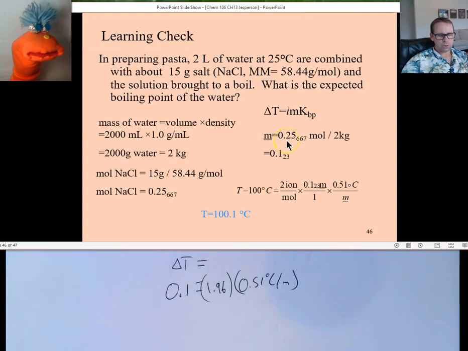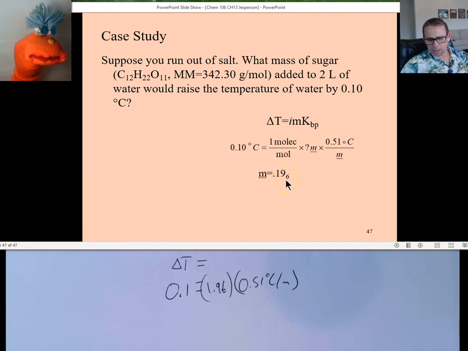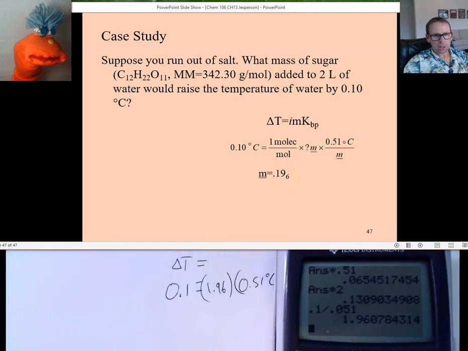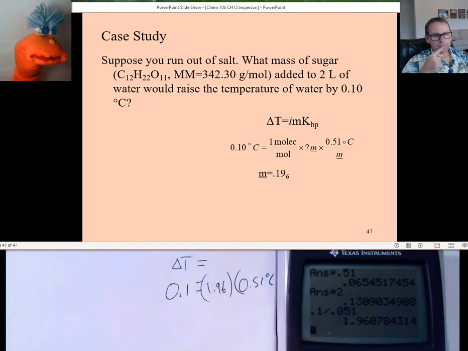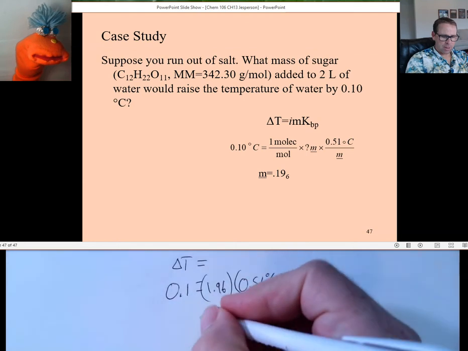The resulting molality was only 0.256. Okay, here I'm going to need a molality of 0.196. Oh, that was my problem here. It wasn't 0.051, it's supposed to be 0.51. So this should be 0.196. So 0.196 is the resulting molality.